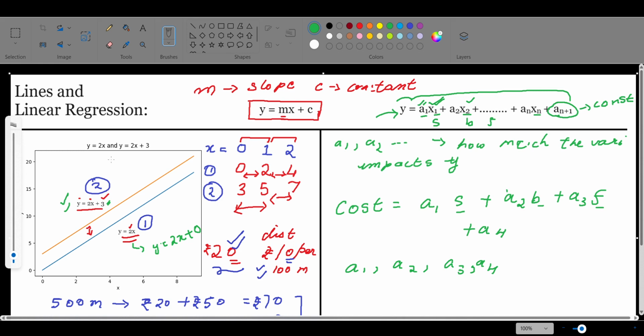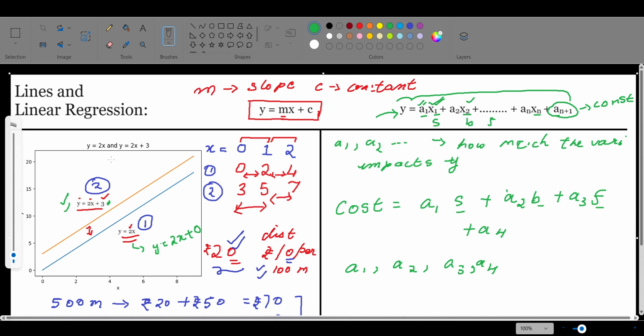So if you went to that new house, you would just substitute S, B and F with whatever is available in that new house, and A1, A2, A3, A4 would have already been found out. You would calculate this entire value and try to predict the cost of the new house.